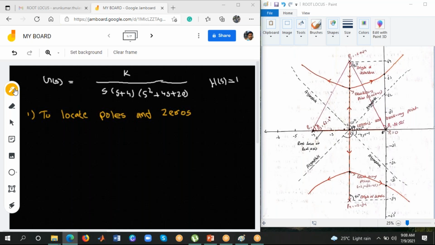How many poles and zeros can we get for this transfer function? Right. So let me find what the poles and zeros are.